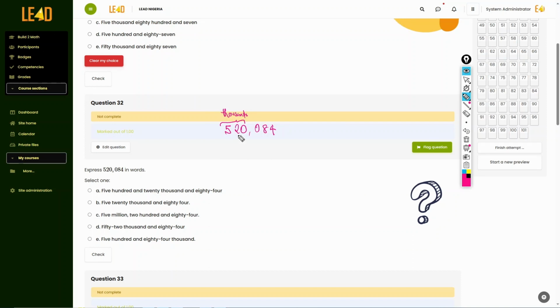So it's going to be 520,000 and 84. 520,084. That's option A.